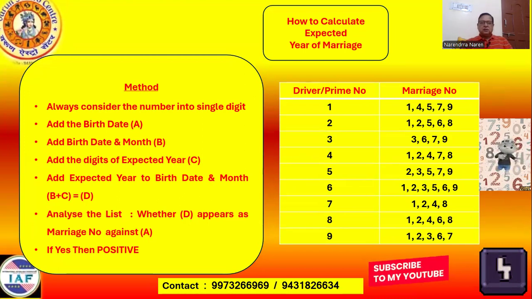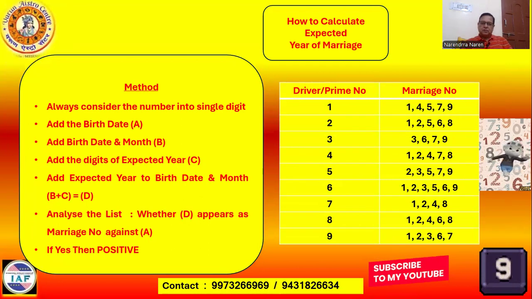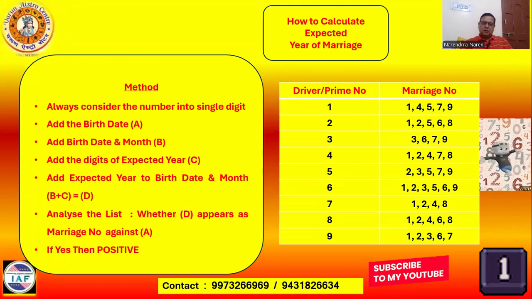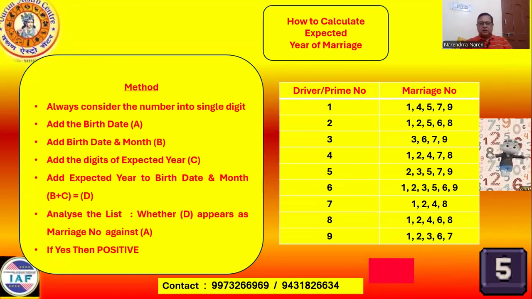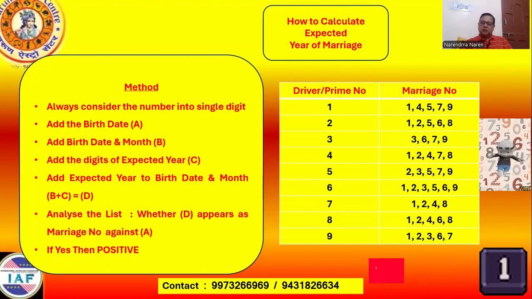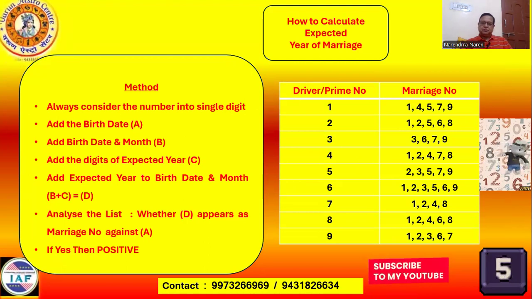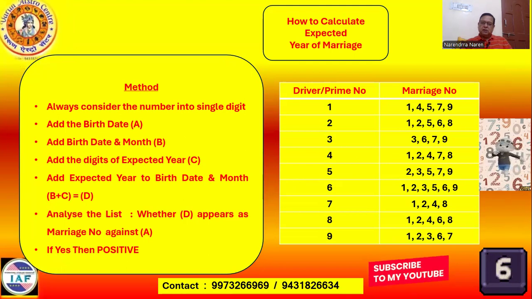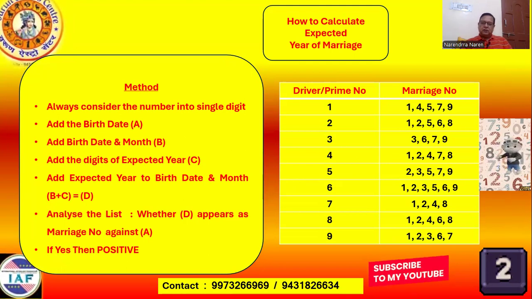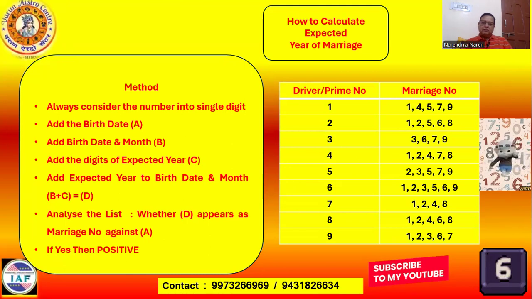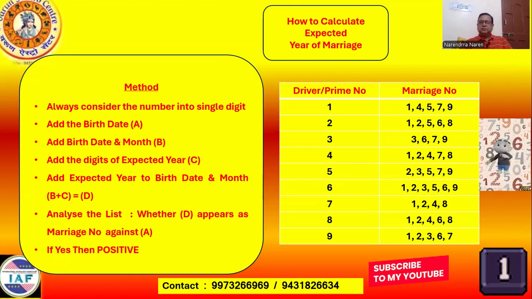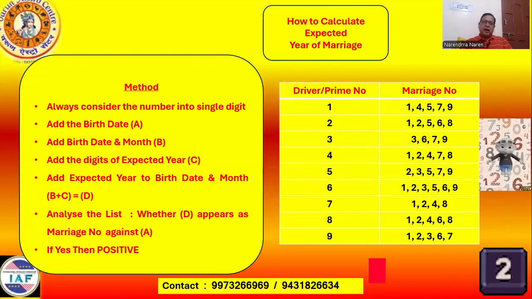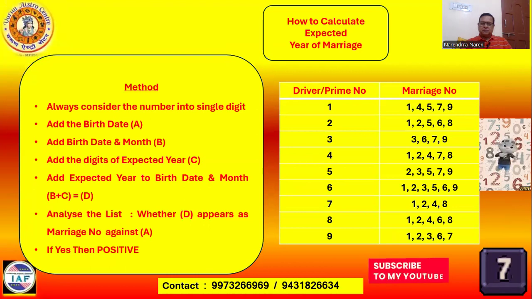First take the date of birth. Convert the birth date number into a single digit, which may be treated as A. Thereafter add the digits used in the birth date and month together and make it a single digit.